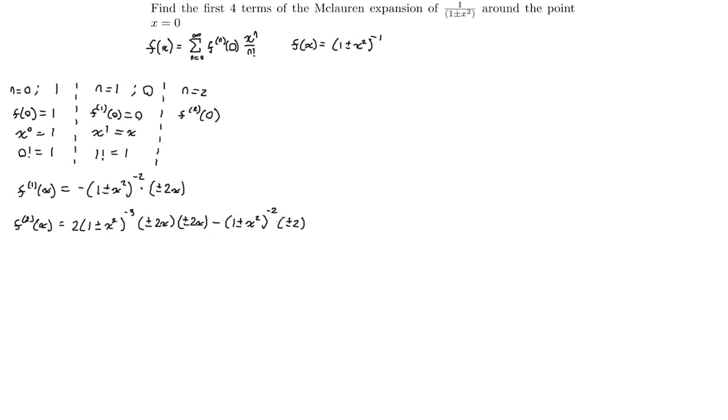We'll have a negative 1 times positive negative 2, so that's going to flip the sign, and we get a plus 2. And of course, we'll have an x squared here and a 2 factorial here, which is just 2. So we have a 2 in the numerator and 2 in the denominator, so those cancel, and we'll have positive x squared.